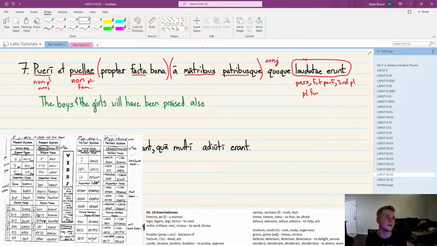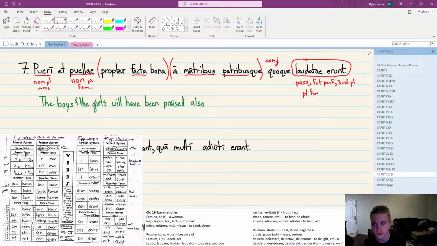Okay, so there's two questions here. Why are they being praised, and by whom are they being praised? We can probably answer the by whom easiest because we have in the sentence an a with the macron. It's a preposition which takes the ablative. We've seen it before in the last couple of chapters as an indication of the ablative of agent, which occurs very often after passive verbs.